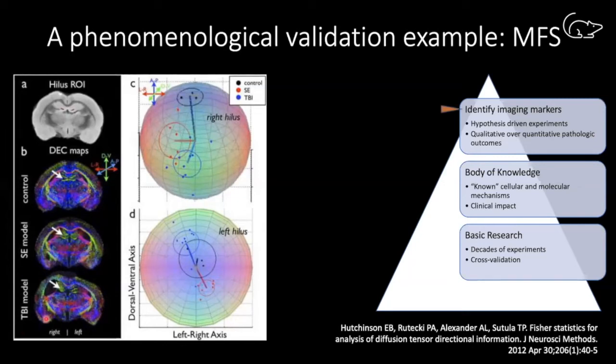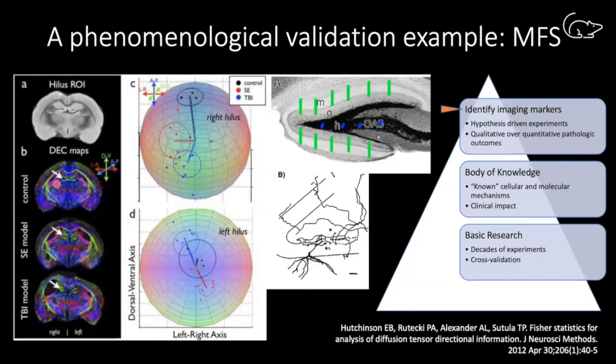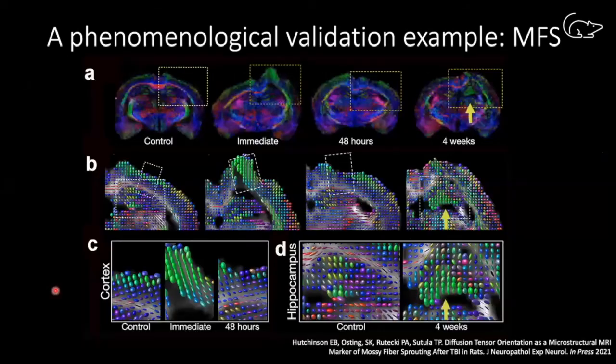And we thought, well, maybe what's happening is that, in the control case, all of the dendrites are oriented in this way, in the dorsal-ventral plane, and then in the hilus they are not. But with recurrent mossy fiber sprouting, that morphology changes, and you get this dorsal-ventral orientation, which you can see using diffusion. And so, wouldn't that be nice if we have a diffusion marker of mossy fiber sprouting?